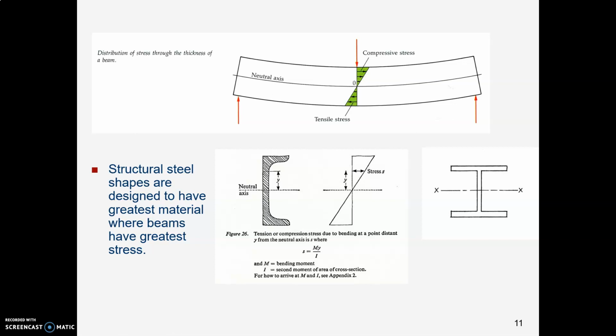Last time we looked at moment of inertia, and we looked at how you get a greater moment of inertia when you have material out away from that bending axis. Well, so that's how we design strong beams. We put flanges of one sort or the other out away from the neutral axis.